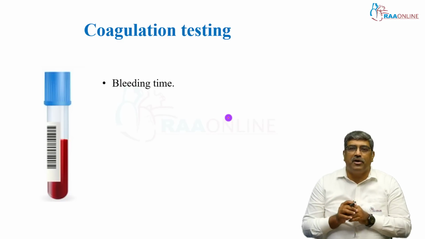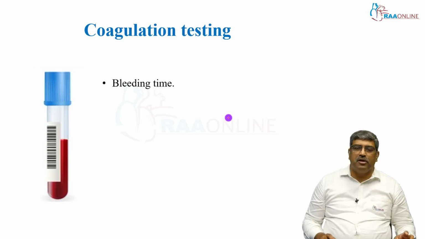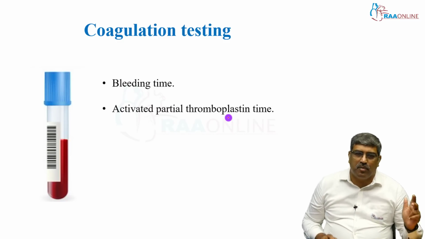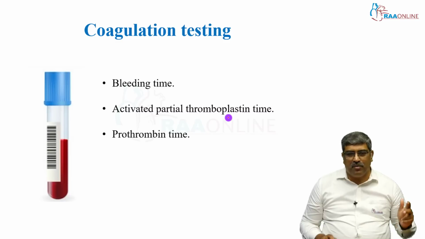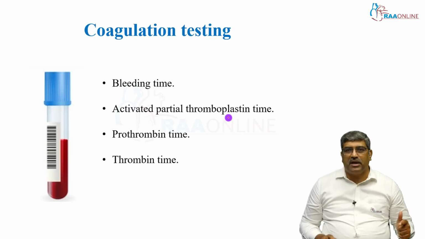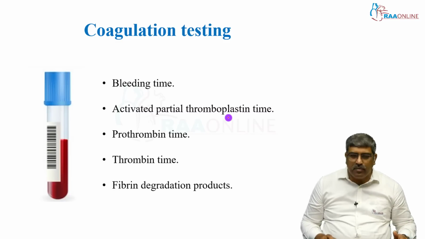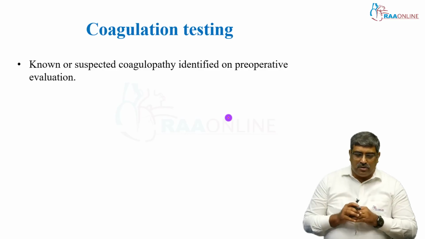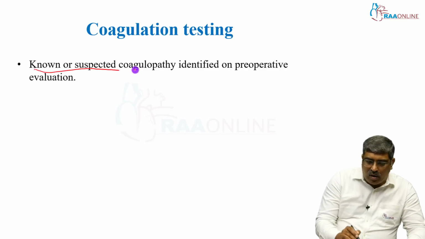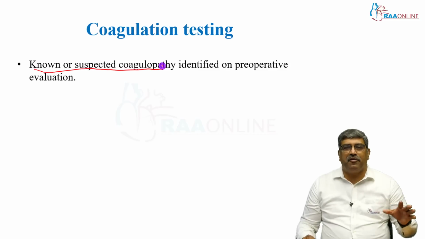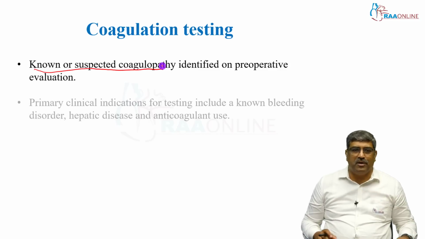Now coming to coagulation testing, this includes bleeding time, partial thromboplastin time, prothrombin time, thrombin time and fibrin degradation product. Coagulation testing is usually done in a known or suspected coagulopathy identified on the preoperative evaluation.